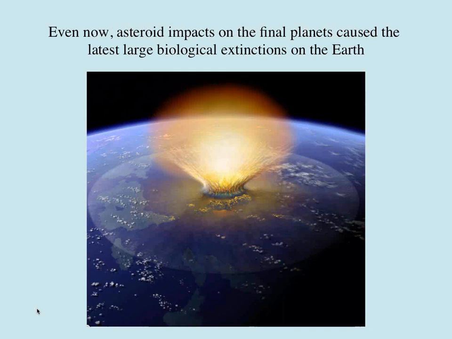In more recent times, we believe the collision of a small asteroid, about 12 kilometers in diameter, with the Earth extinguished the dinosaurs and cleared the decks for our ancestors to evolve and for humans to take over the Earth. Exactly what happened during that event is something that we're trying to clarify.